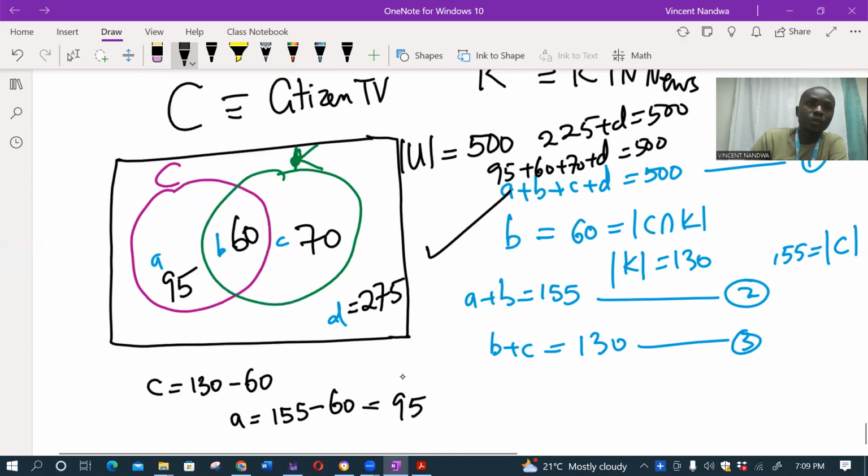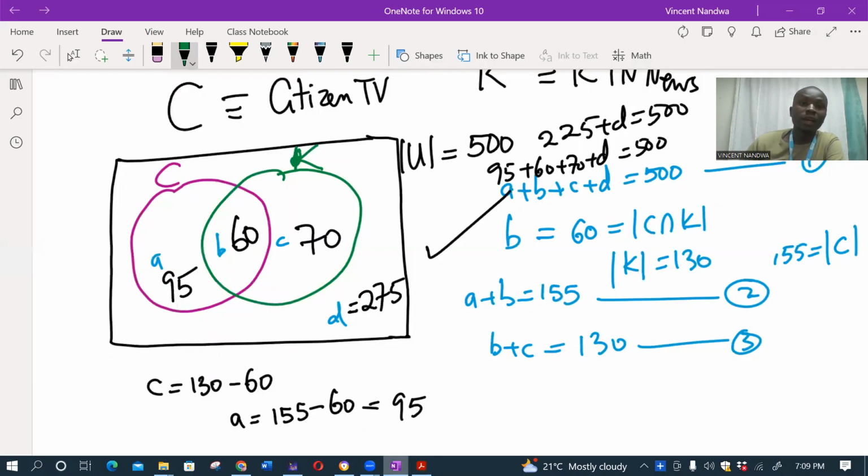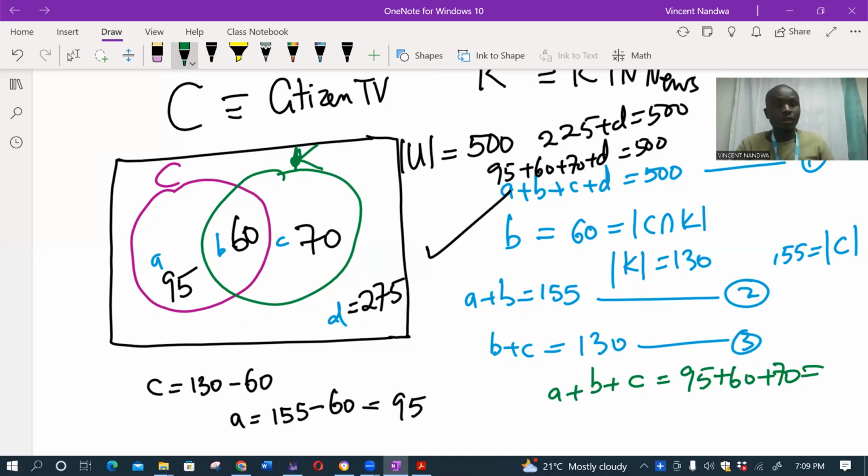Now let's respond to the questions that follow. Find the number of students who like watching Citizen TV or KTN News. It's as good as being asked to find the cardinality of C union K. From this diagram, you are referring to parts A plus B plus C, which is 95 plus 60 plus 70, and that is 225.